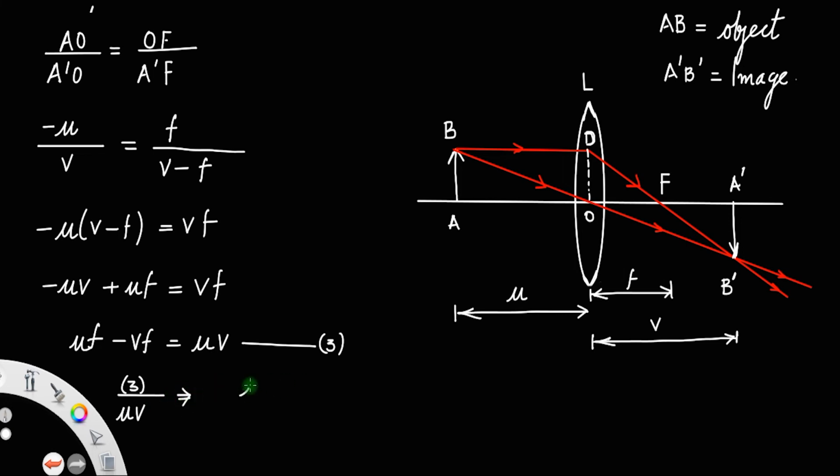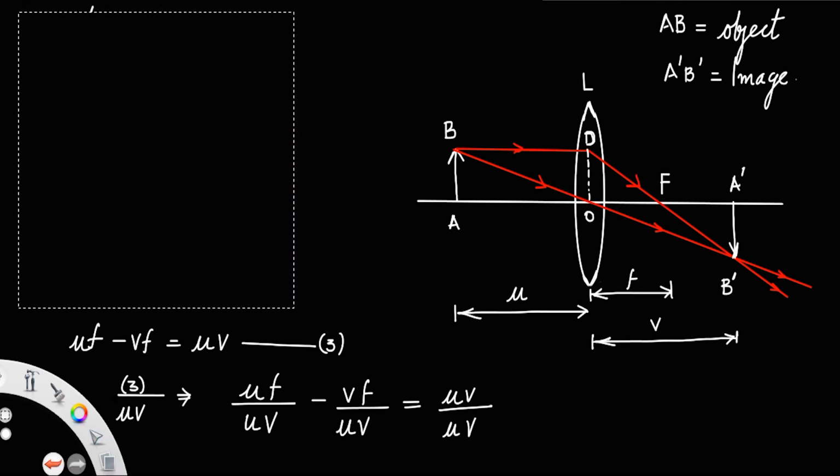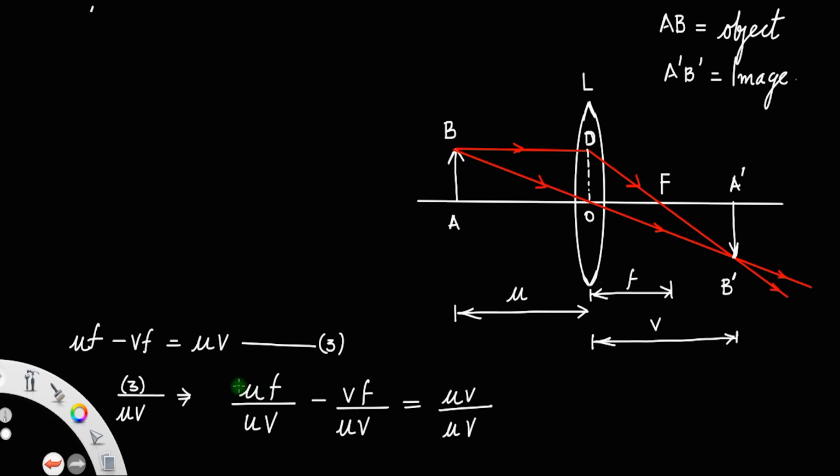So this will be UF divided by UV minus VF divided by UV is equal to UV divided by UV. You can cancel this U and U. Here V gets cancelled. So F by V minus F by U is equal to 1.